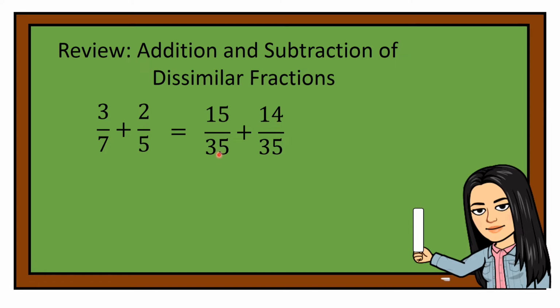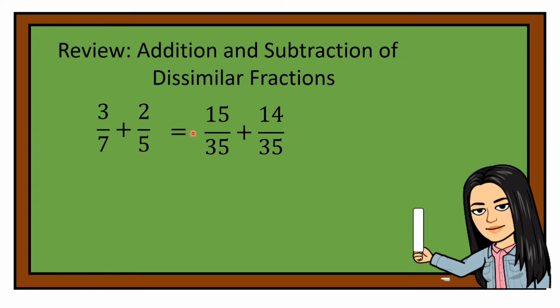So 35 divided by the first denominator, which is 7, is equal to 5. And then multiplied by 3, that would be equal to 15. Plus 35 divided by the second denominator, which is 5, that is equal to 7. And 7 times 2 is equal to 14.